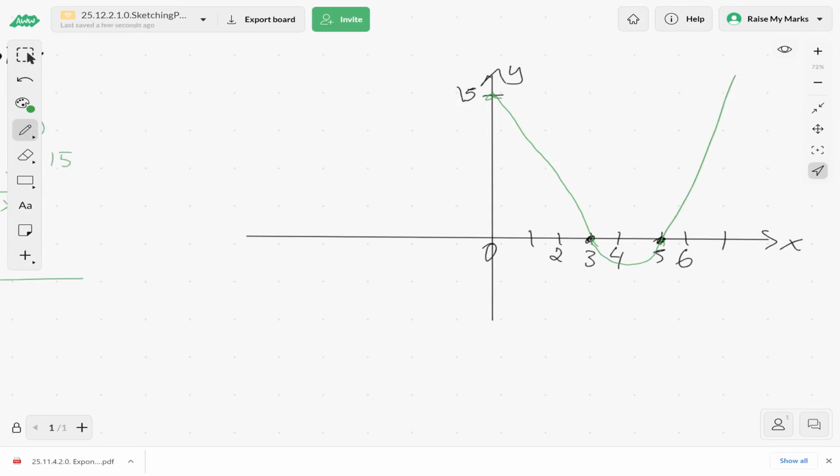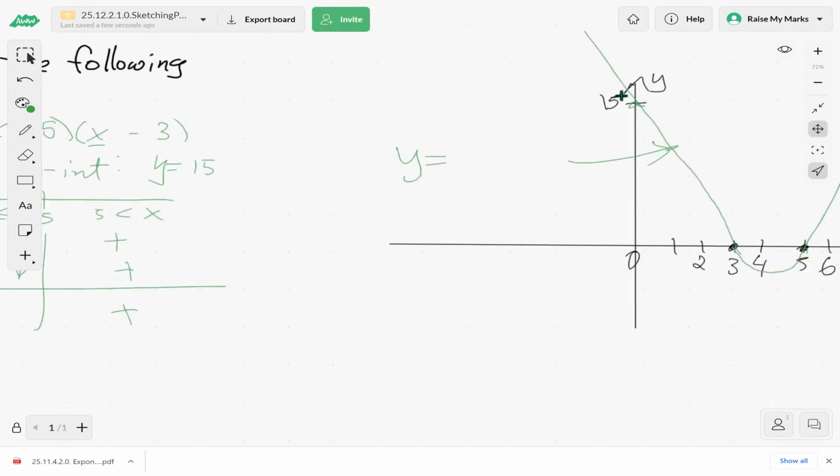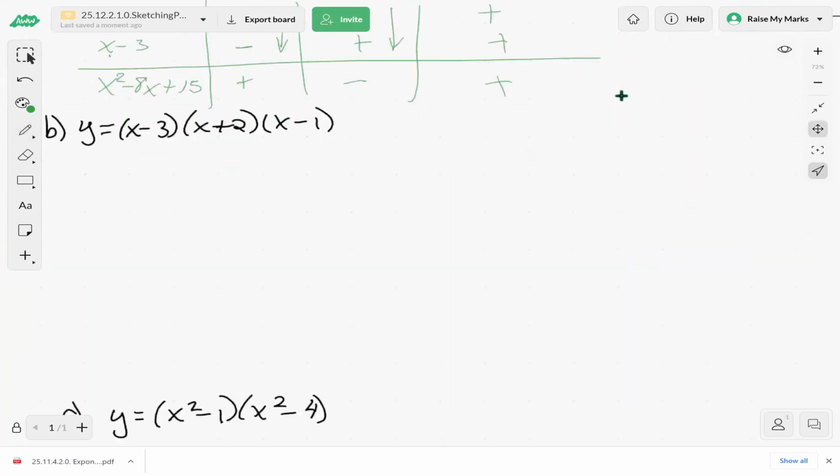It goes through the point y equals 15, and also through the points when x is 3 and 5. Let's just label that y equals, what was our original function? x squared minus 8x plus 15. Good. Let's try the next one.